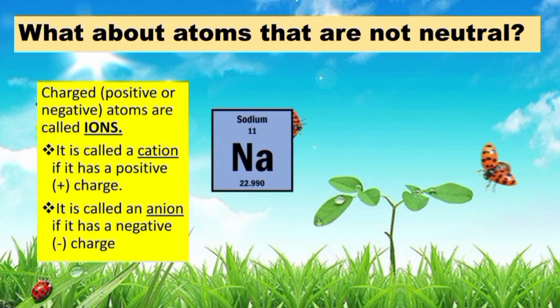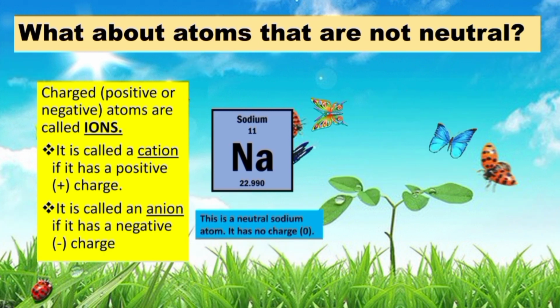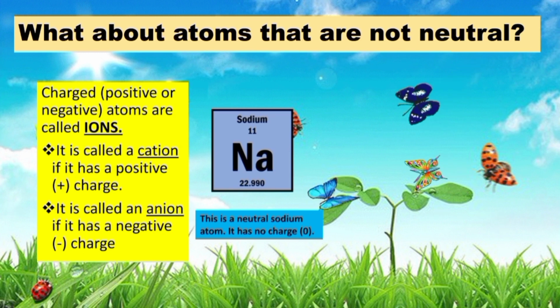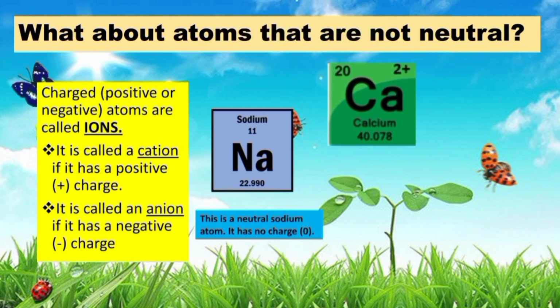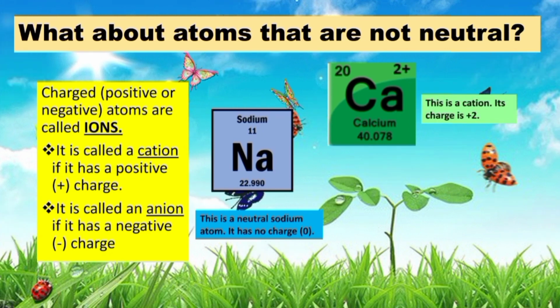So, look at this sodium here. This sodium here is in neutral state. Neutral yan, wala siyang charge. So, paano natin malalaman kung may charge? Tignan yung next example. Ayan. Si calcium, kung mapapansin nyo on the upper right hand, may nakalagay dyan 2 plus or pwede rin yung plus 2. That is actually the charge, which is positive. So, since positive yan, that is a cation.